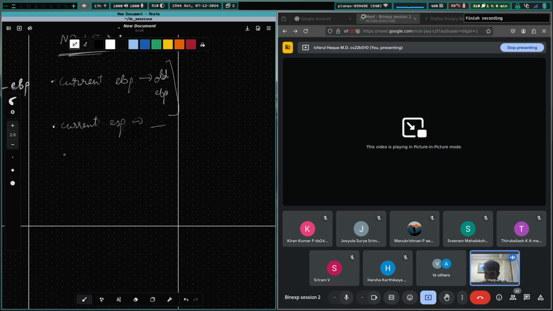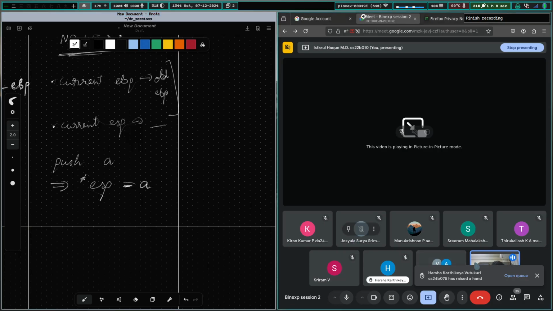The board is giving me real pain today. Push A implies ESP points to A, star ESP is equal to A. Finally, after everything is over, ignore the C code above. That was for an illustration of what's happening.